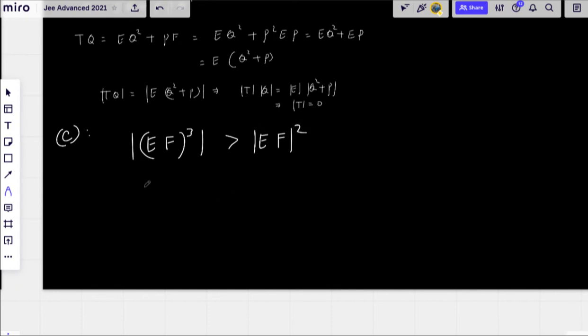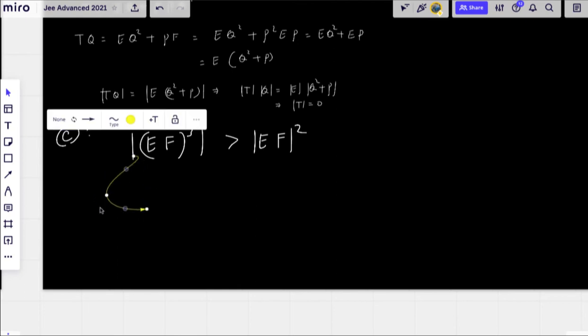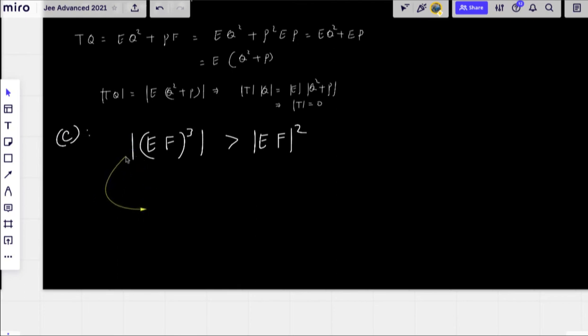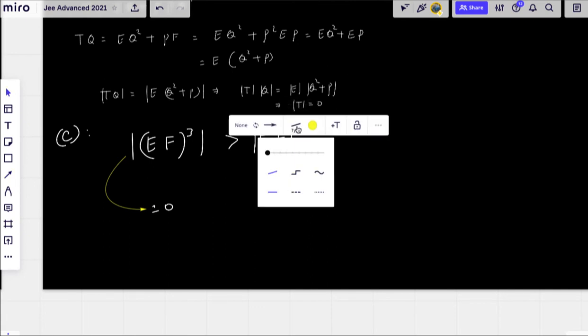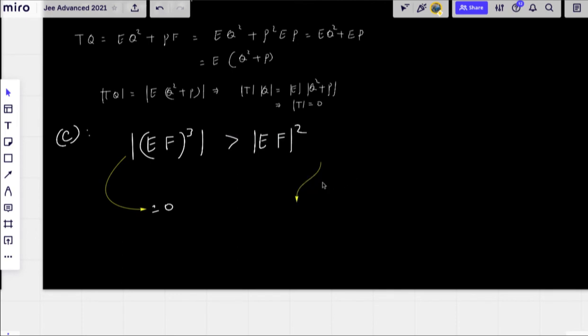Let's see. From EF, it is very clear that this result becomes 0. Clear? But as you know, this result is also going to be 0. So both of them are 0.